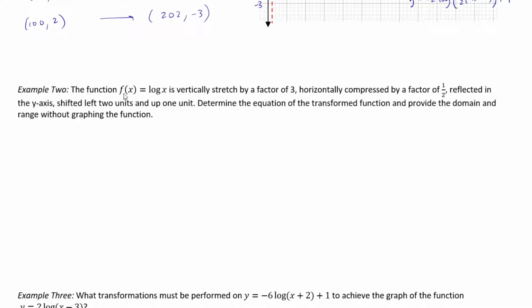Okay, so basically I'm basing this off of f of x equals log x base 10, which I don't write. So if it's vertically stretched by a factor of 3, then what I have to do is write a 3 in front of the function. Okay, that's my vertical stretch.